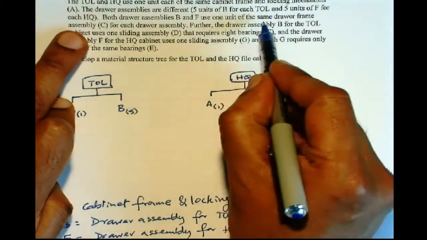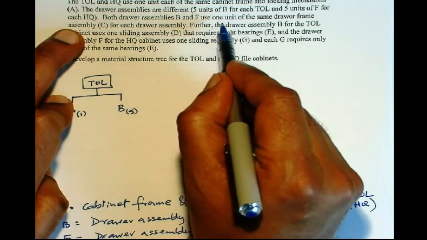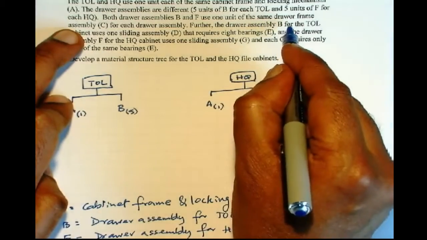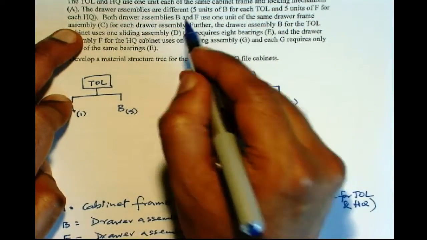Then both drawer assemblies B and F use 1 unit of the same drawer frame assembly for each drawer assembly.